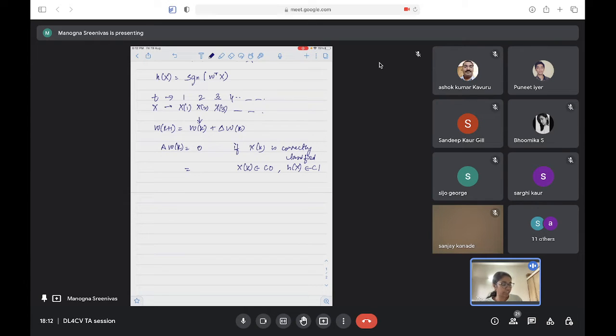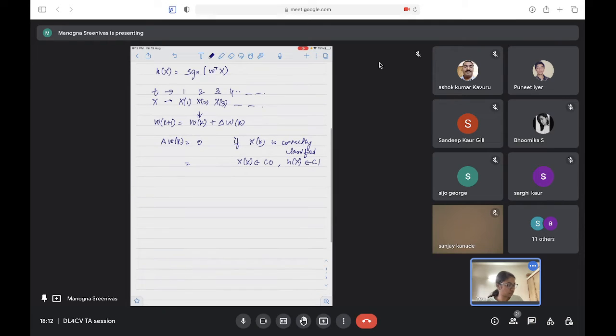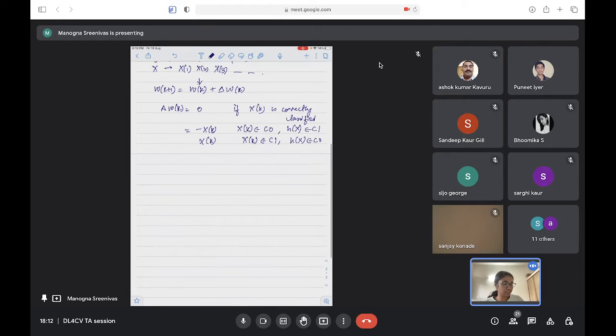So in such case I would want to correct it, so the delta k used is minus x of k, and plus x of k if x of k belongs to class 1 and my algorithm predicts it as class 0. So this is the weight update equation.